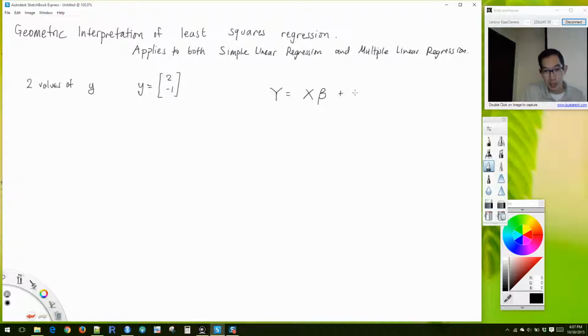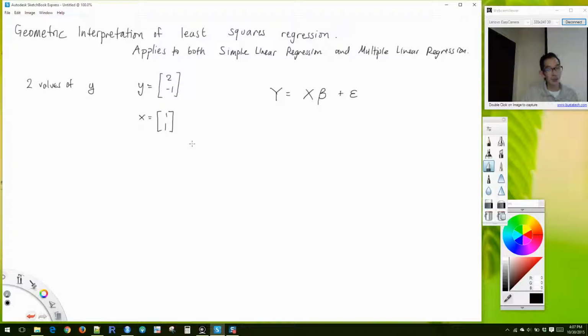x beta plus our error term. And in our case, because we only have two values here, we're just going to fit a constant to this. So our x term is just going to be 1 and 1.